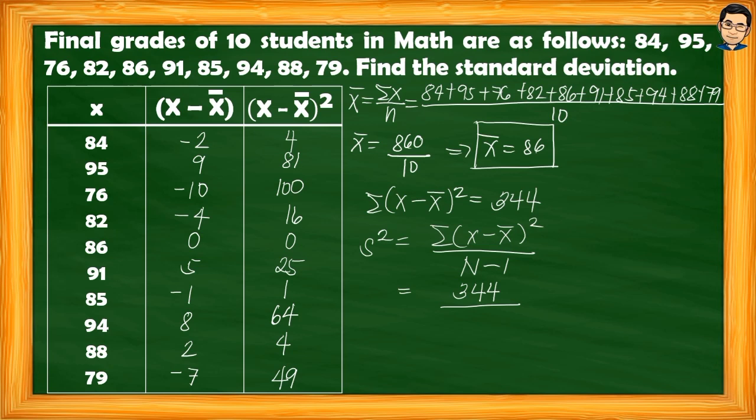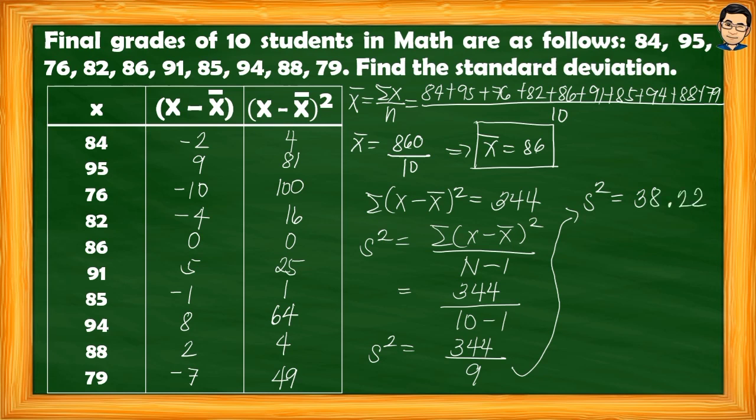Minus 1, that is 9. So, 344 over 9. So, kapag dinivide natin yung 344 by 9, ang makukuha nating sagot is 38.22. So, yung 2 dyan is repeating.